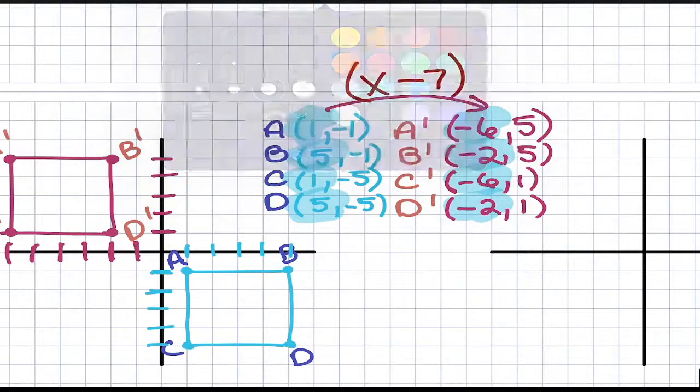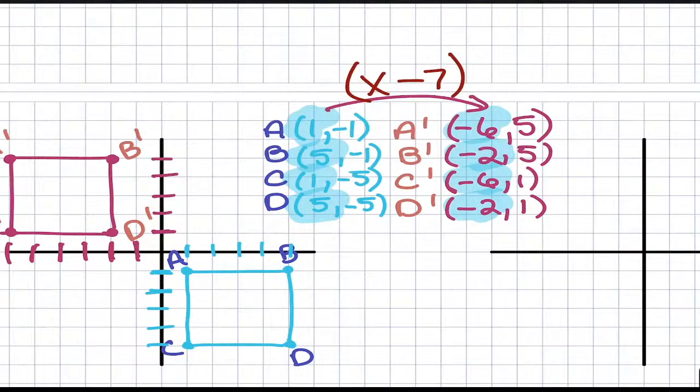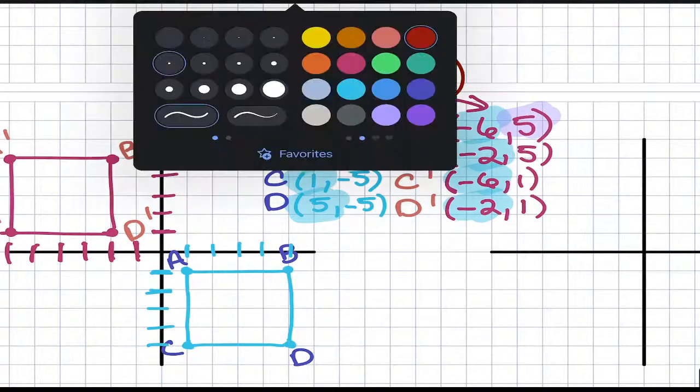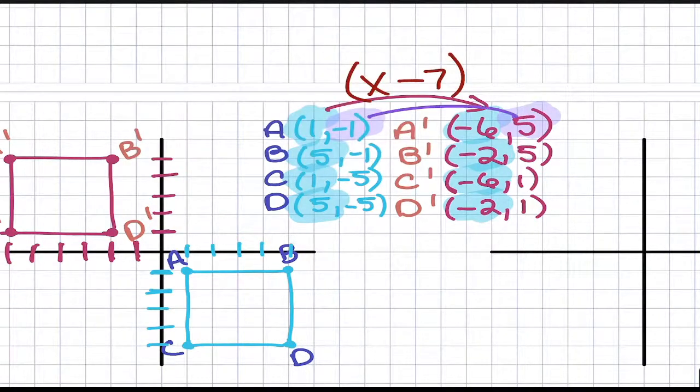Now, let's check your y value. How do you go from a negative 1 to a positive 5? Okay? How do you go from a negative 1 to a positive 5? All right? Hopefully you said, for starters, that you have to go plus something.